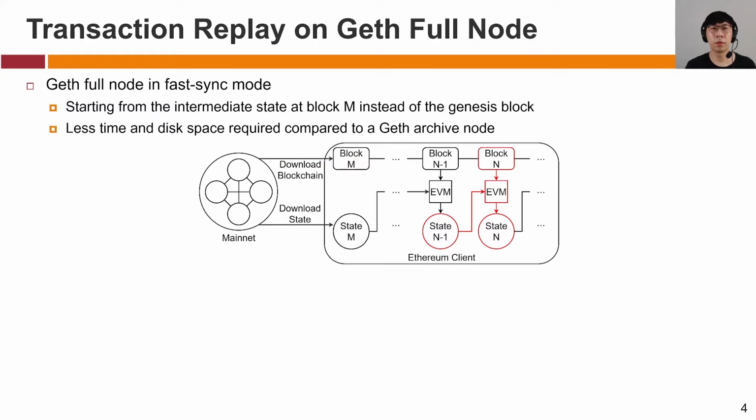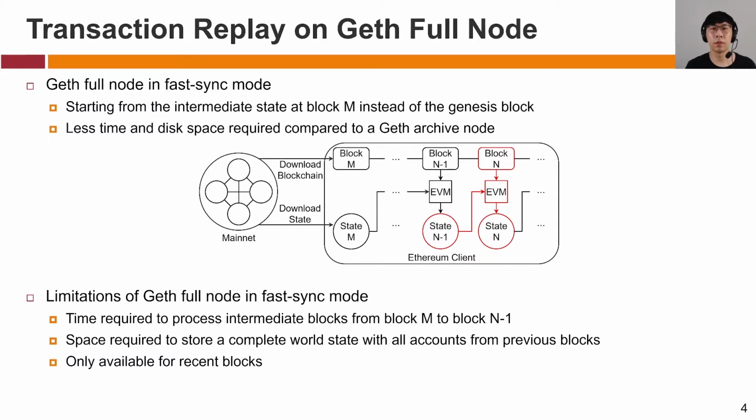A Geth full node in fast sync mode downloads the intermediate state at block M and executes transactions beginning from block M instead of the Genesis block. In practice, a Geth full node requires less space and time compared to a Geth archive node.